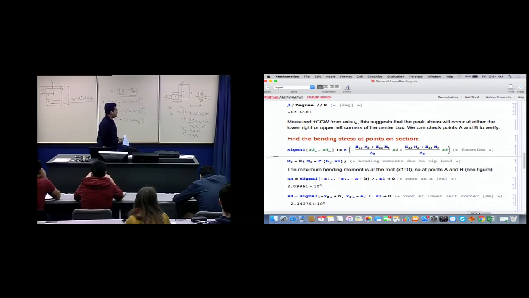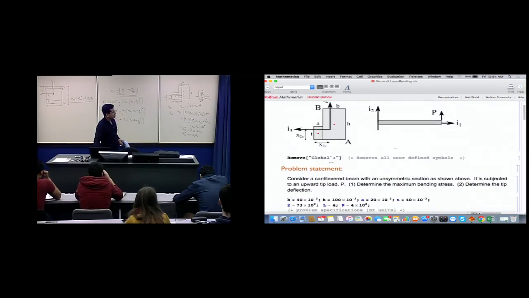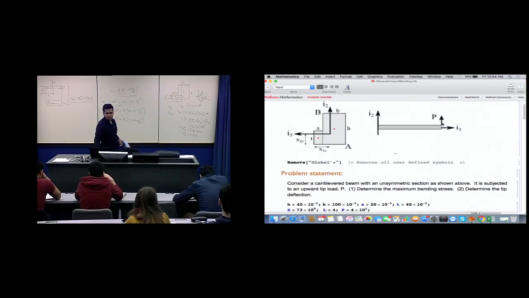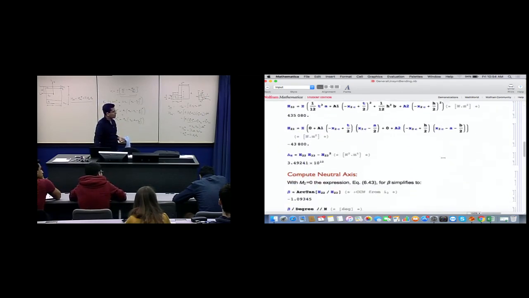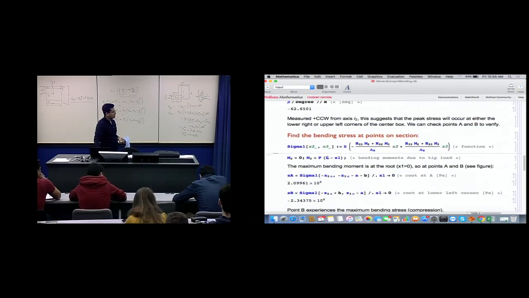And then we were given a load of P which is applied at the tip. So we have to evaluate the sectional bending resultants, the sectional force and moment resultants. So we resolve them to be 0 and P(L minus x1).